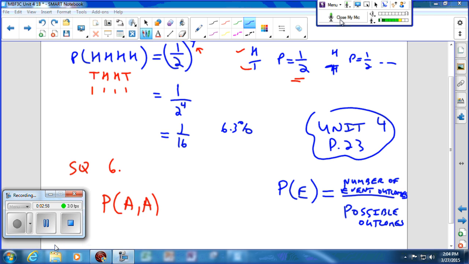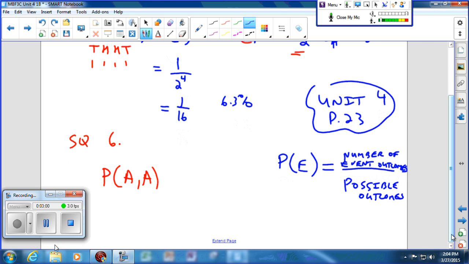For example, if we want to figure out the probability of flipping heads on a coin, there are two possible outcomes, heads or tails, and only one outcome that satisfies the criteria, in this case heads. That's the basic takeaway from lesson 19.